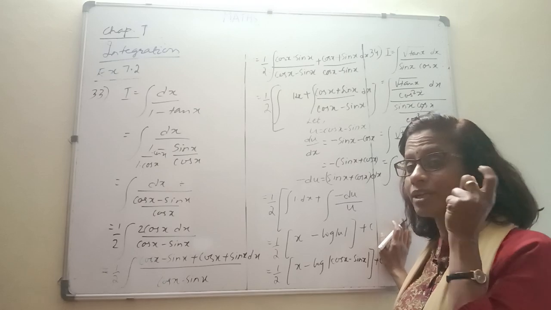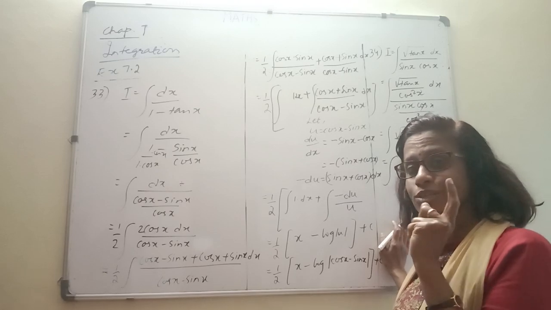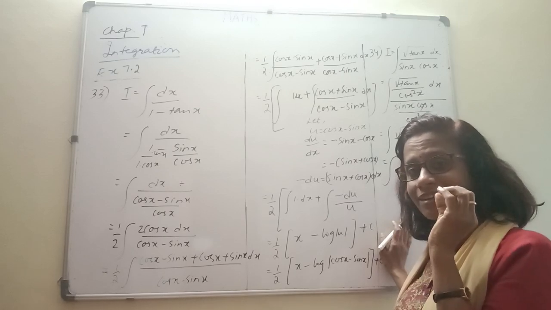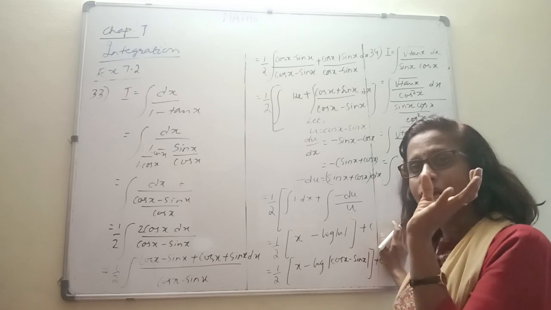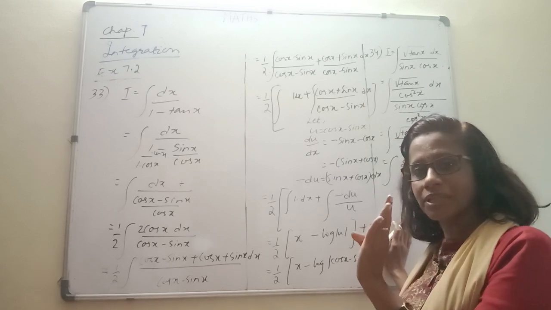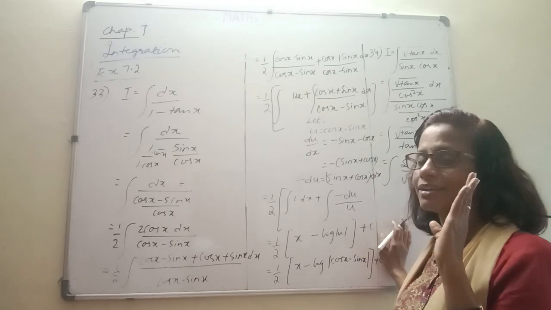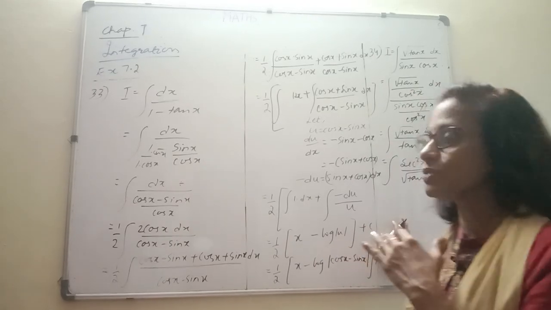That important step of dividing by cos squared x is the crux of the matter. That got prompted because tan is there, so somewhere sec squared should be there. With that idea, that step was taken, and it has worked well.